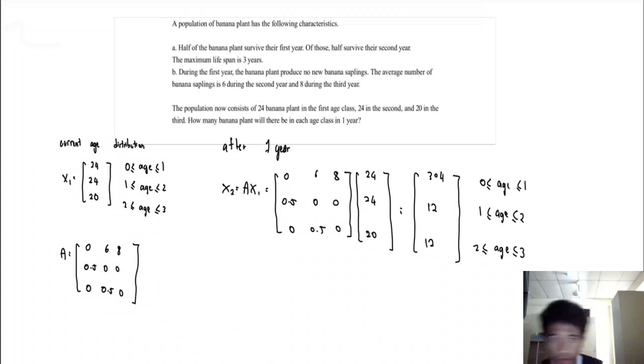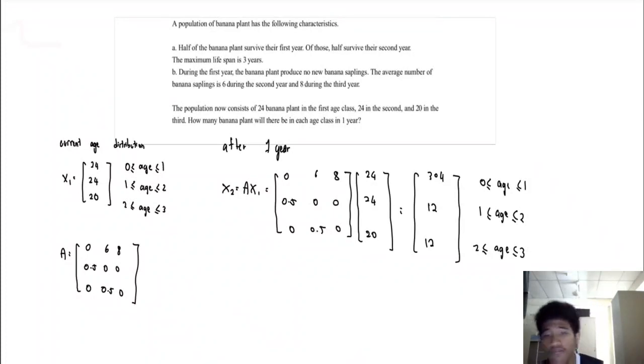For this question, first we need to write the current age distribution, which we write as x1 equals 24 for the age of banana plant between 0 and 1, 24 for the age between 1 and 2, and 20 for the age 2 until 3. Then we will write the matrix A, which is 0, 6, 8, 0.5, 0, 0, 0, 0.5, and 0.